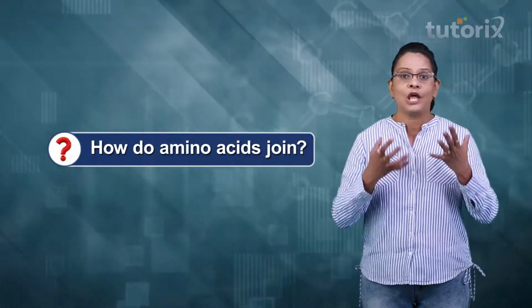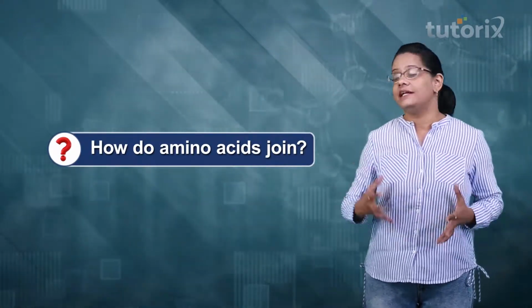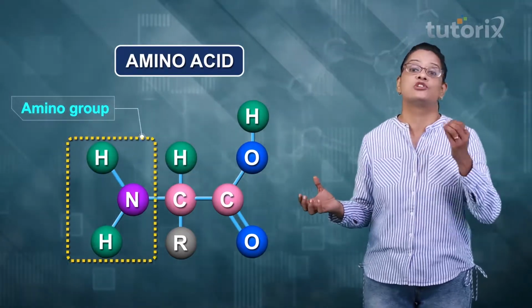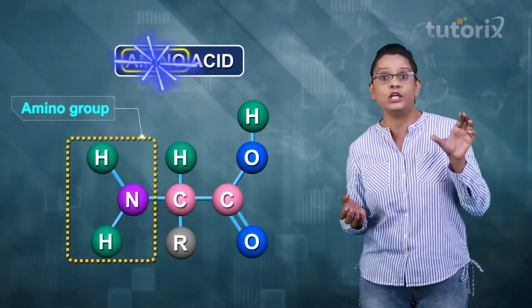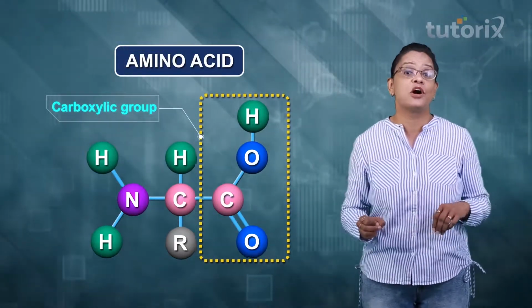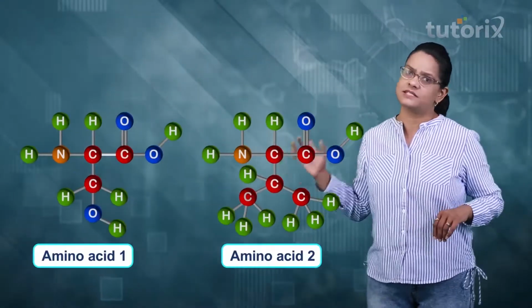How do they join? Well, we know that in amino acids, we have an amino group which is responsible for the name amino acid. And we have a carboxylic group which is responsible for the acidic nature. So suppose I have two amino acids here.